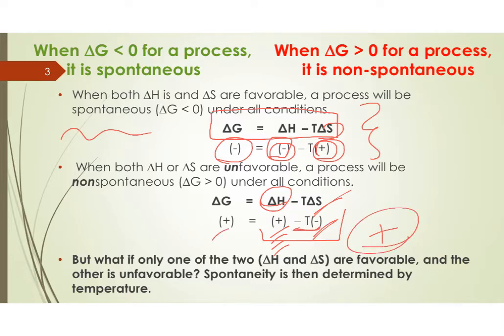So overall, delta G, or the free energy of this process, will always be positive. Therefore, it will always be non-spontaneous, right? We're going to be doing quite a few calculations for free energy, and it's just a good idea to know what you expect, whether you expect the answer to be positive, negative, spontaneous, or not.